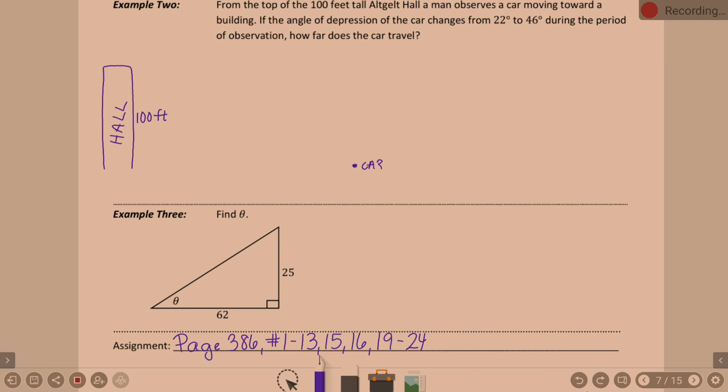Okay? And this car is moving towards the building. Now, with that in mind, it says the angle of depression of the car changes from 22 to 46. So we're looking at, gosh, that was a horrible line there. Yeesh.